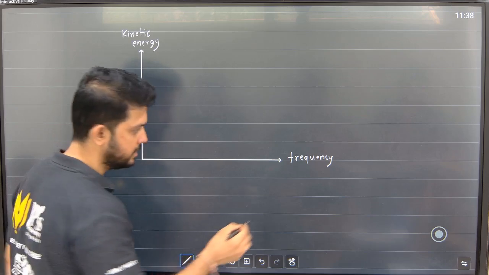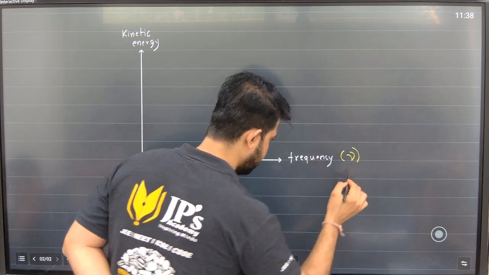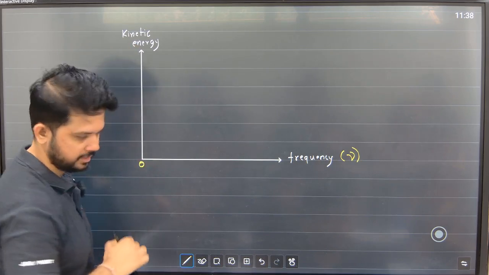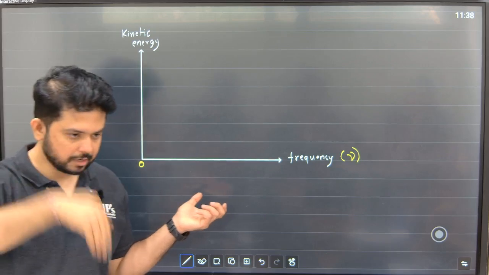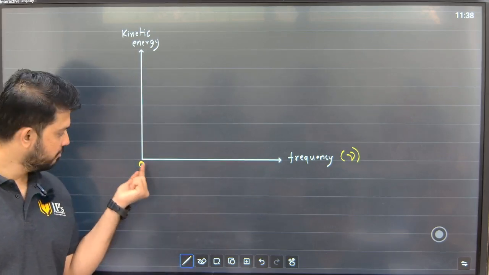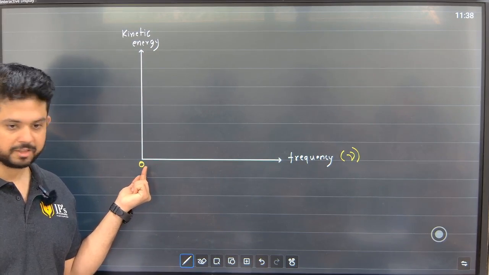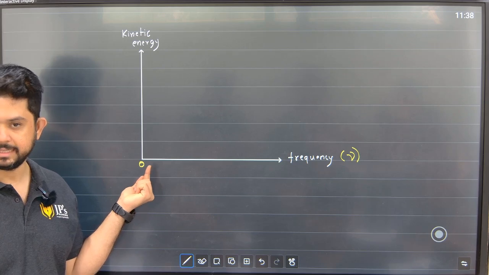Okay, this is frequency and this is kinetic energy. What's the frequency here? 0. Now I'm making light incident on the metal. Will the electrons come out? Yes or no? Frequency is 0, meaning no light has been incident.